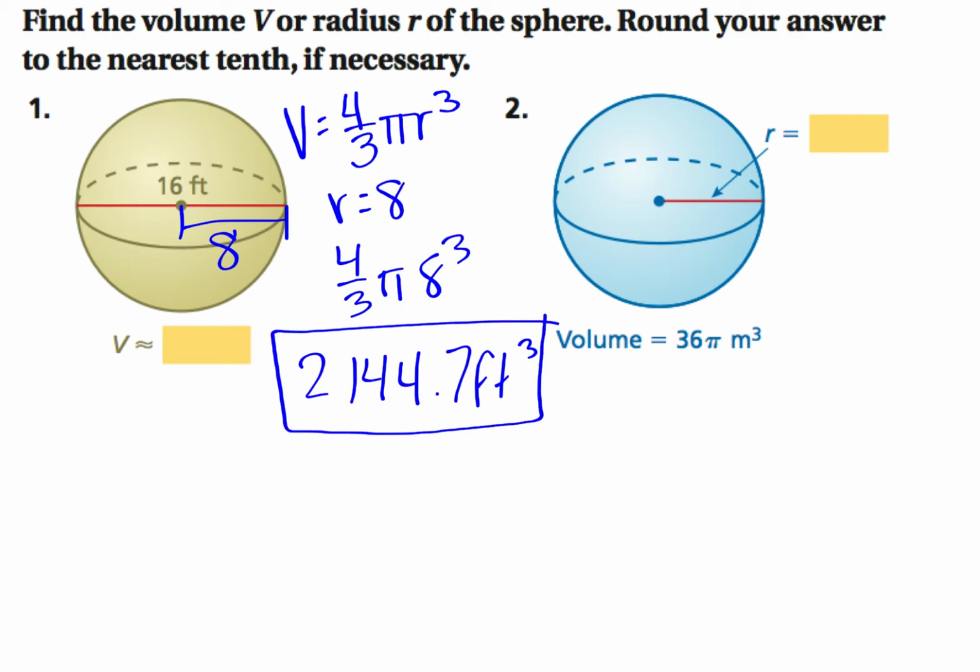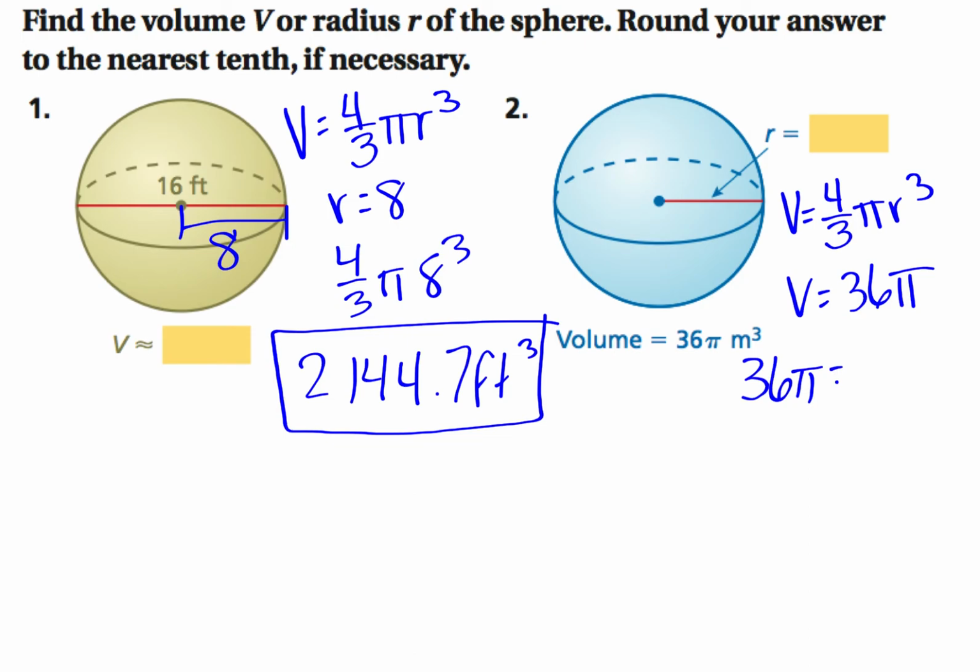Okay, next, number 2 here. The first thing you would do is recognize this is a sphere, giving you the need to write the formula, V equals 4/3 pi r cubed. V is given as 36 pi. R is unknown. So we will rewrite 36 pi in for V, and then 4/3 pi r cubed. And let's see, what do we got here?